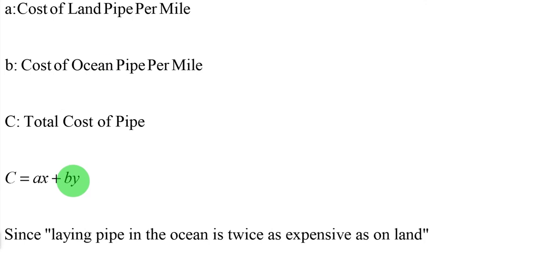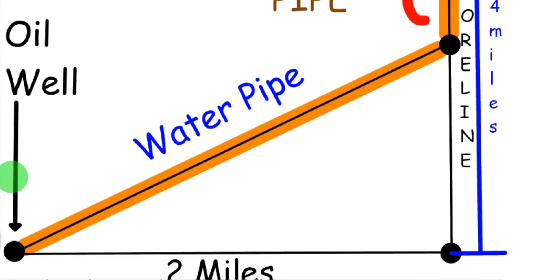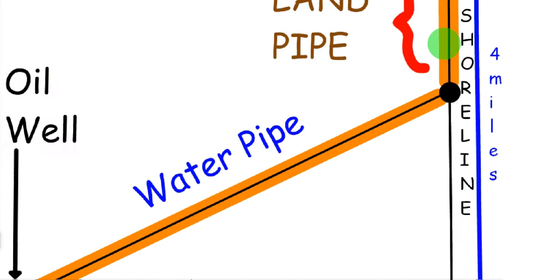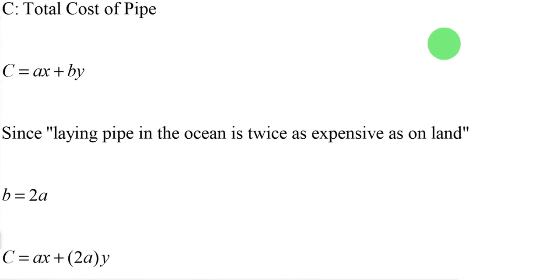Let's say you had 5 miles in the ocean. It'd be 2,000 times 5, which is 10,000, plus 1,000 would be 11,000. Total cost of pipe. It's how much it would cost you to lay all this orange pipe right here. That'll give you some perspective on where that equation comes from.